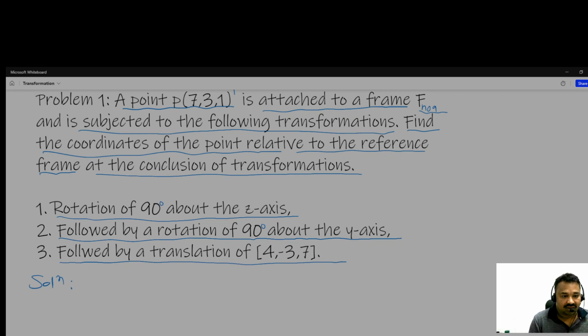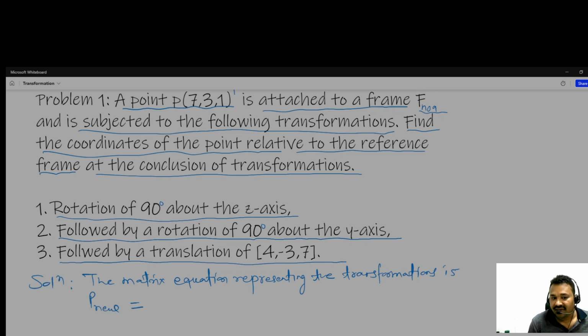So the matrix equation representing the transformations is what? So P new, we're going to know the new coordinates, that's why. और क्या करना है आपको? Old coordinates.